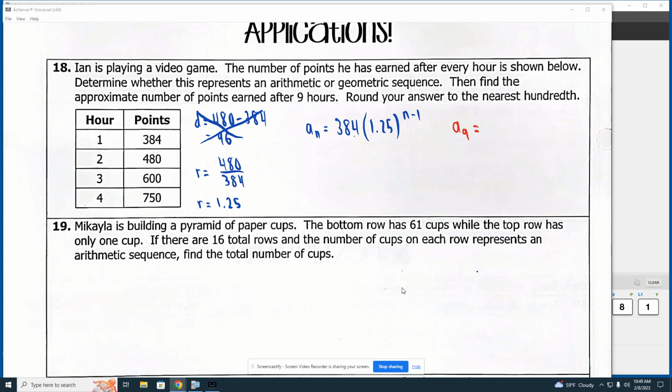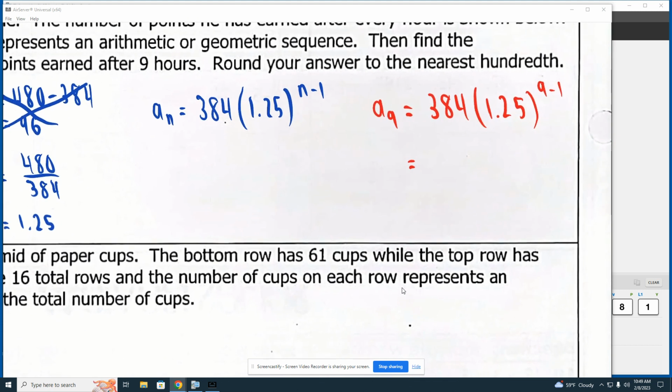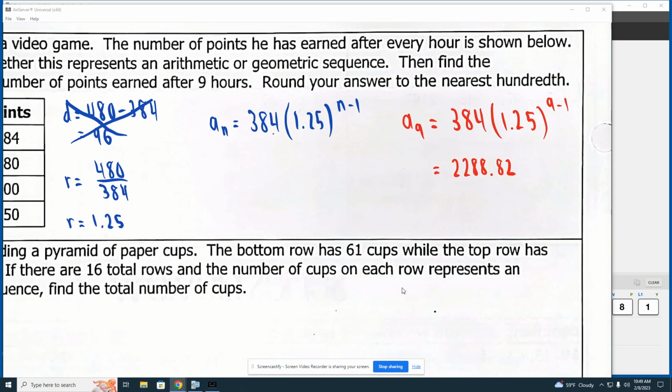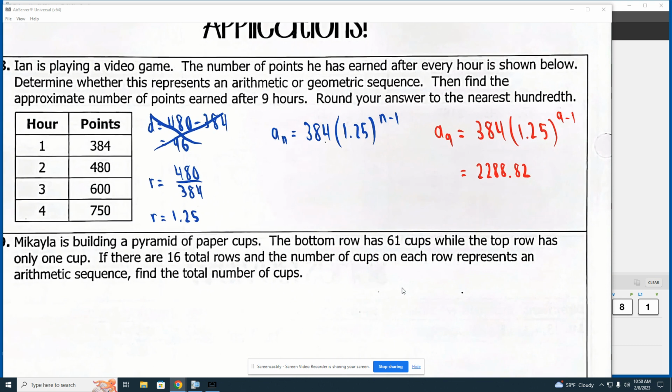So I go to my calculator and I type in 384, open parenthesis, 1.25 raised to the 9 minus 1 power, and that's how much was earned after the 9th hour. All right. So it's rounded to the nearest hundredth. So 2,288 point, what'd you say? 82. Was that what you got? 82. And there it is. That's how you do it.